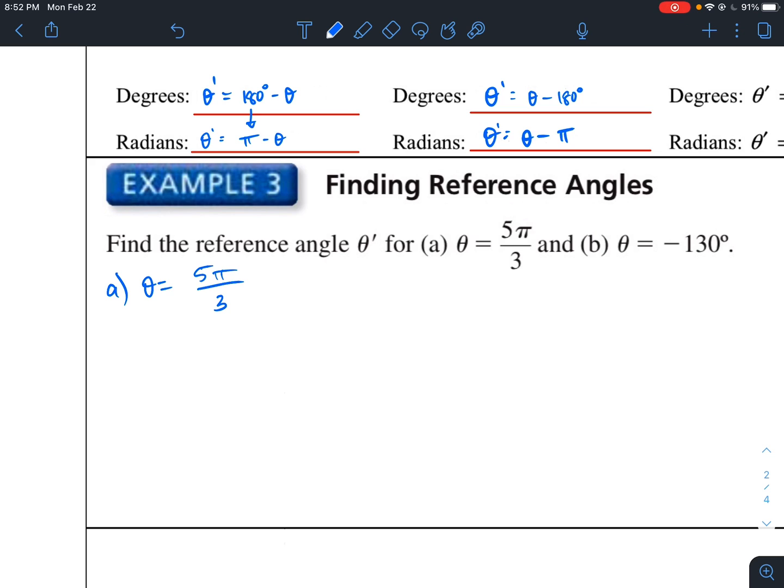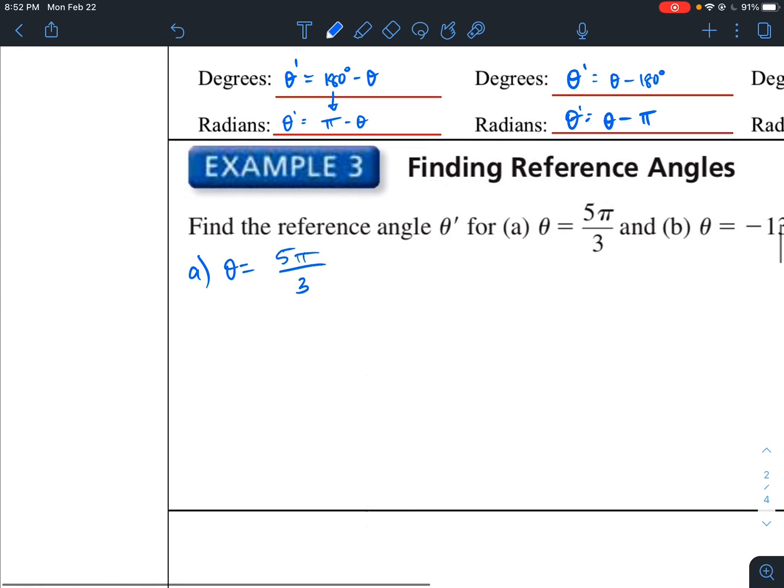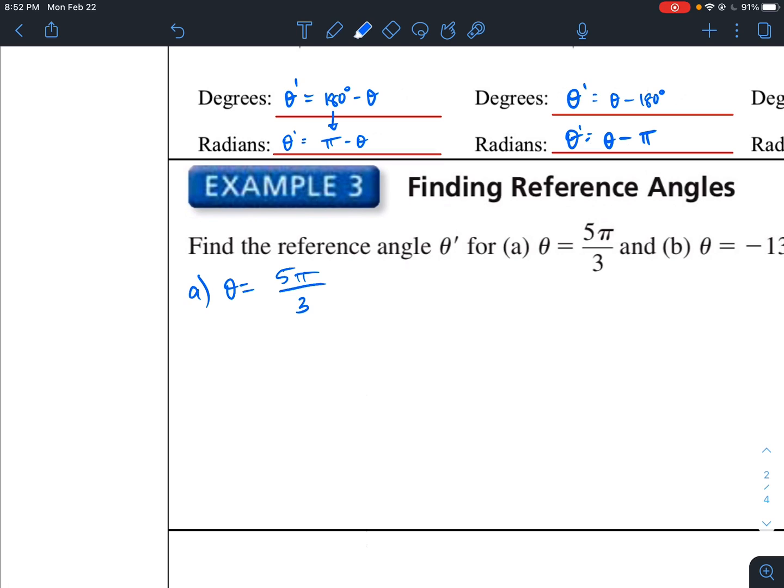Now let's think about which quadrant 5 pi over 3 is in. If we remember from last time, pi is 180 degrees. So if I have my angle, this is 180 degrees. It's being split up into thirds, so here are my thirds. It probably doesn't look quite proportional, so let me try to do a little bit better.